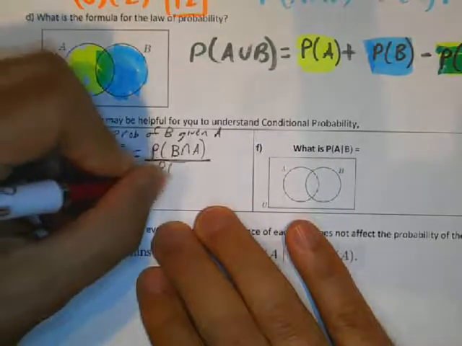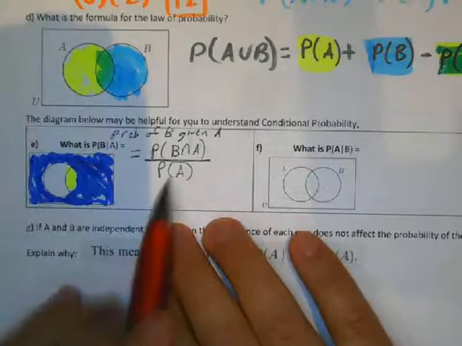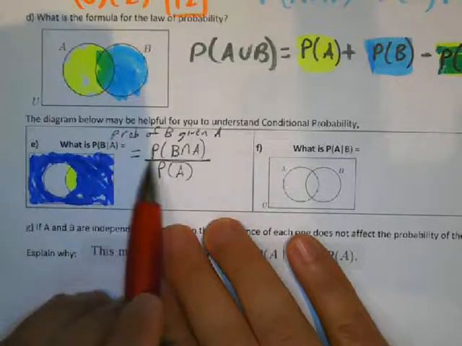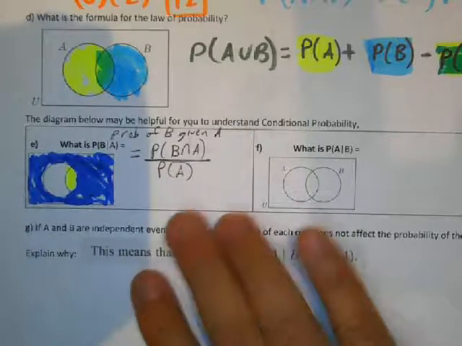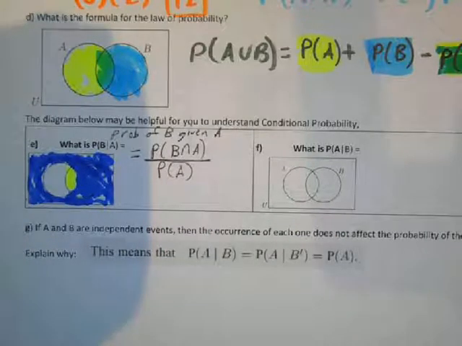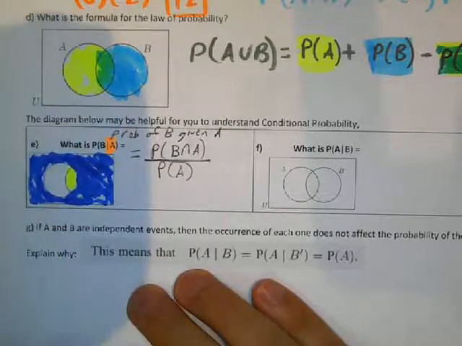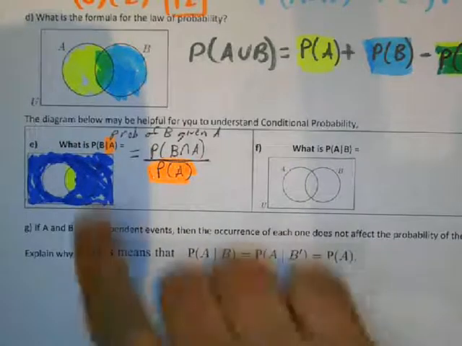It's probability of A. Okay, and we're going to be using this relationship a lot. So the probability of B given A is equal to the probability of the intersection divided by the probability of whatever is given. So if we're given this probability of A, then we're going to have it like this.